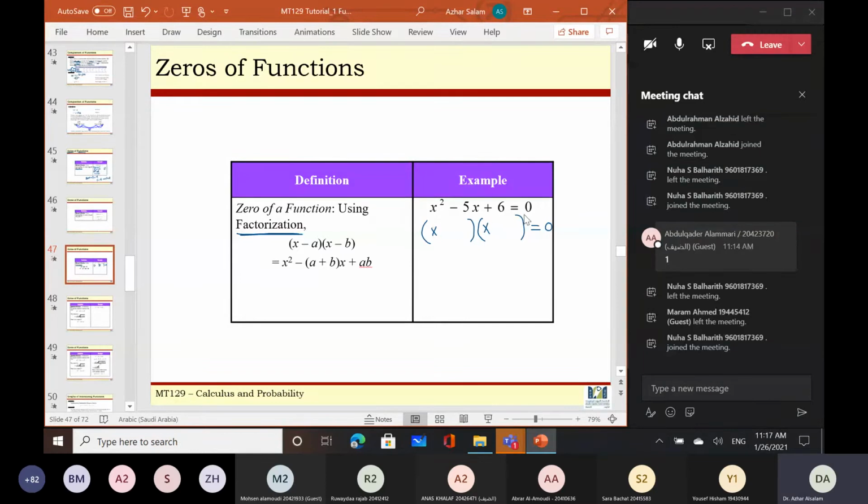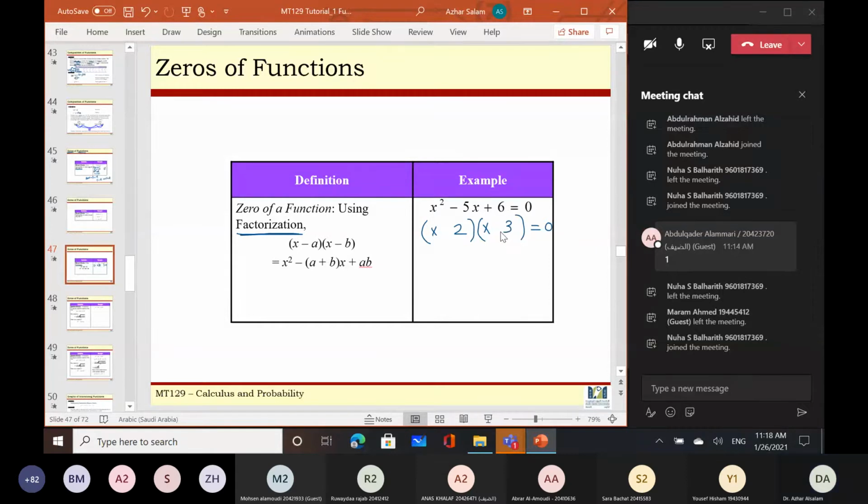أوجد عددين حاصل ضربهم موجب 6 وجمعهم سالب 5. I find minus 2 and minus 3. Okay, it will be 2 and 3.